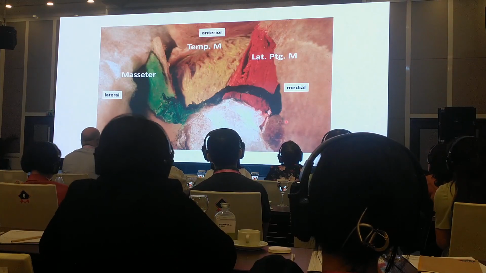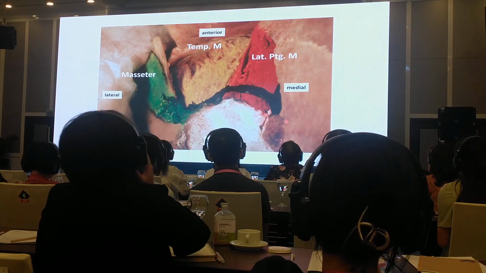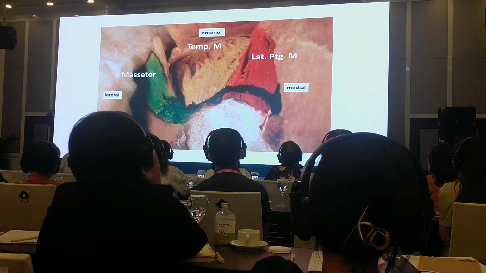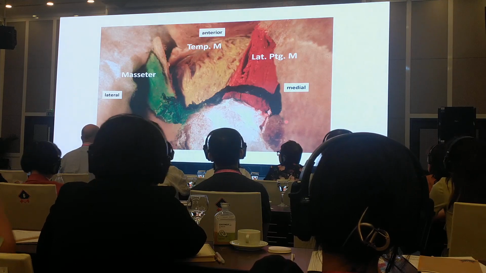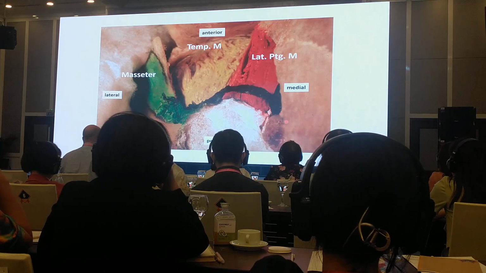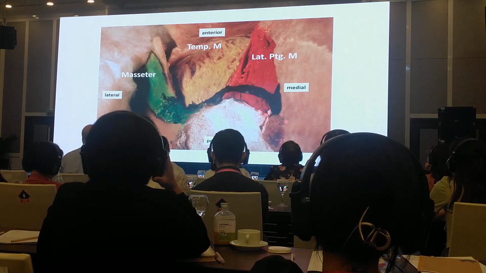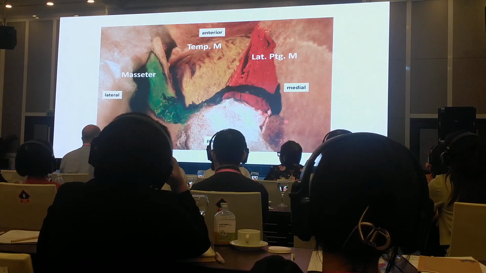And not only this, but also the temporal muscle, anterior part, some muscle fibers go into the joint and attach to the disc and the condyle. This is the masseter muscle, some fibers coming and also attached to the disc. All these three muscles are closing muscles.